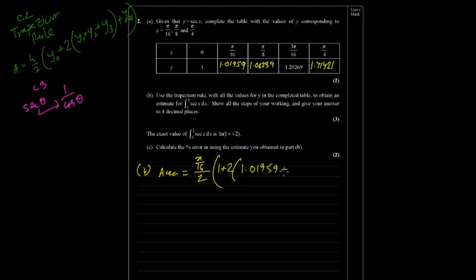1.01959 plus 1.0636239 plus 1.20269, bracket closed, plus the last one, 1.41421.